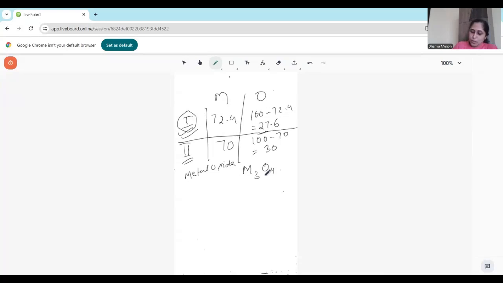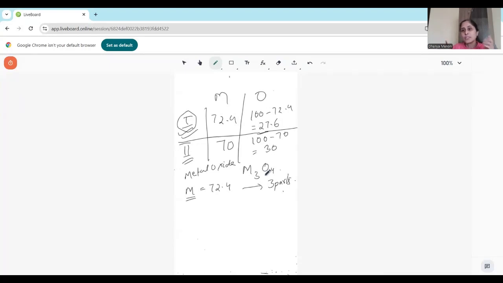According to this, for the first one, it is 72.4% of the metal. This 72.4 refers to how many metal atoms? 3 parts of the metal atom. Remember, we are talking about the same metal M in the first experiment and the second experiment. The metal is not changing, oxygen is not changing.